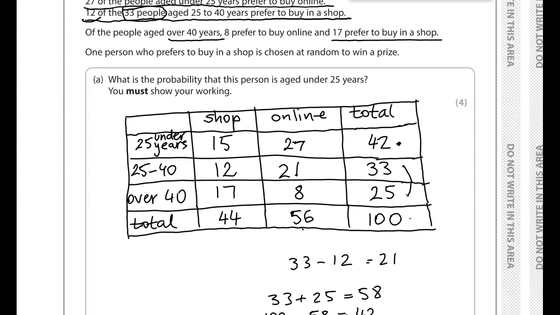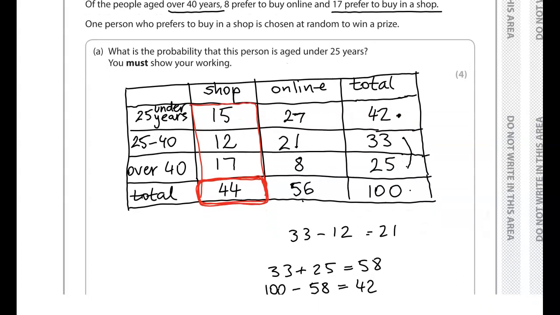So one person who prefers to buy in a shop is chosen at random to win a prize. So we're focusing on those who prefer to buy in a shop. And the total for those who prefer to buy in a shop is 44.